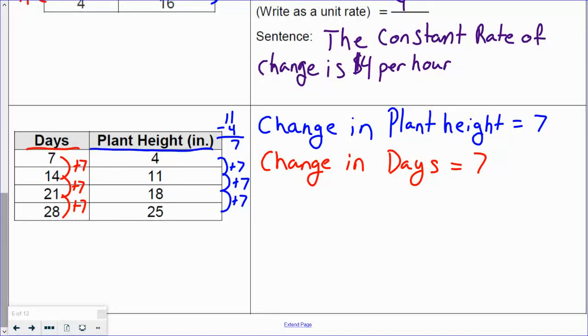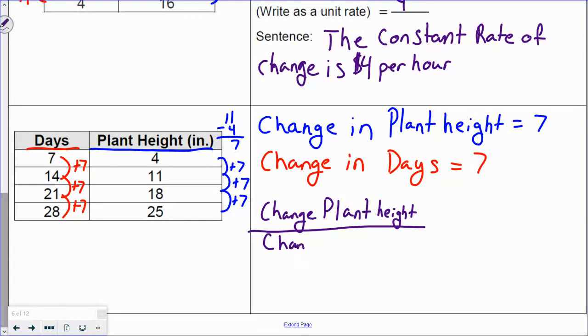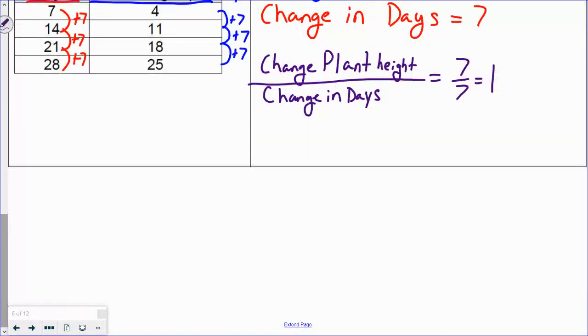So basically then, we take our change of the plant type, divide it by the change in days. So we get 7 over 7 equals 1. So then let's write our sentence.